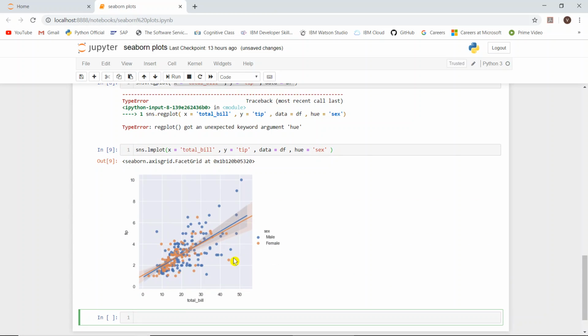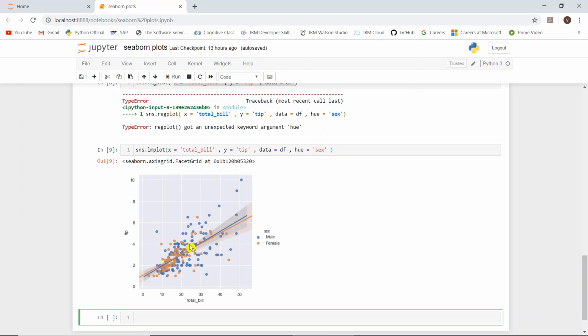Here you can see now, the legend was given. The orange dots are for female, and the blue dots are for male.